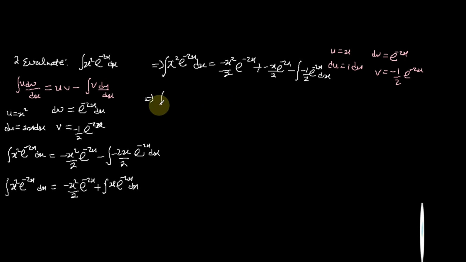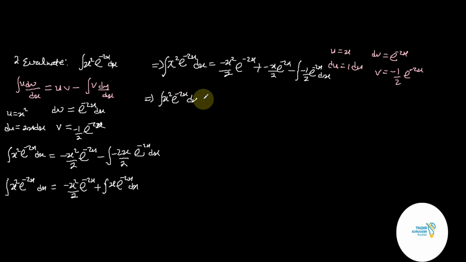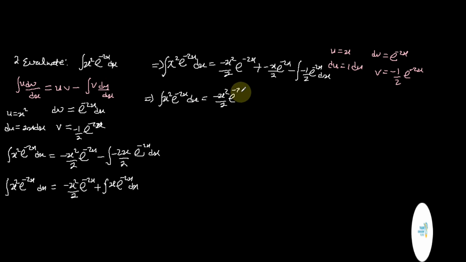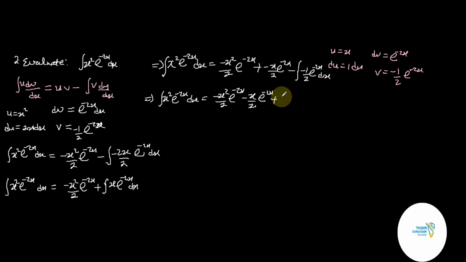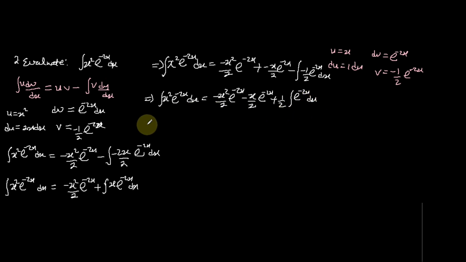So this will be the integral of x squared e^(-2x) dx equal to minus x squared over 2 e^(-2x) minus x over 2 e^(-2x) plus 1 over 2 the integral of e^(-2x) dx.